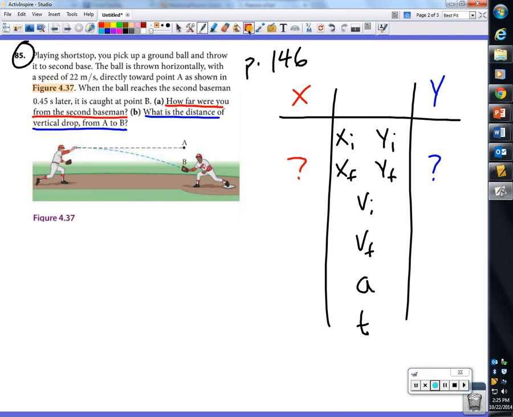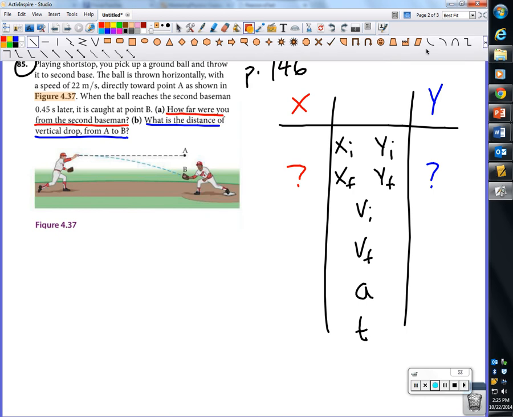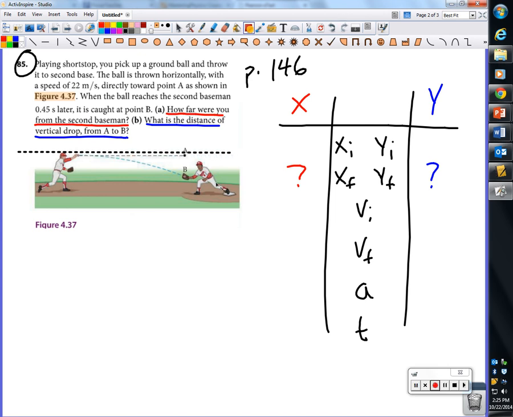To me, I think it makes the most sense to put my x-axis here and to put my y-axis there. The point where the shortstop releases the ball then would be our origin, right? Good there?